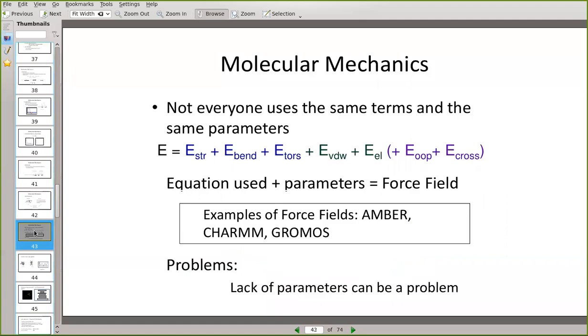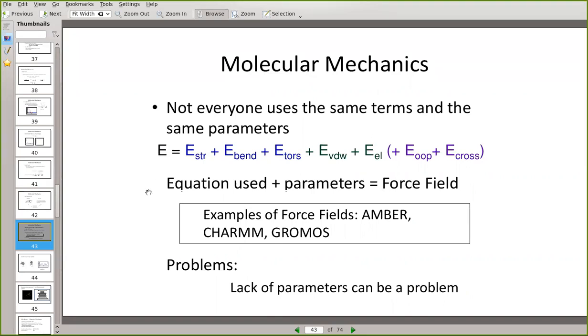But ultimately, your total energy of a molecule is you add the stretches, the bends, the torsions, all the bonded terms, and the non-bonded terms, and whatever refinements you have to get the total energy of a molecule. If you want to do a geometry optimization, you're going to have to change bond lengths, angles, torsions, and relative positions of atoms to each other to try and get this energy to be the lowest possible value it can.